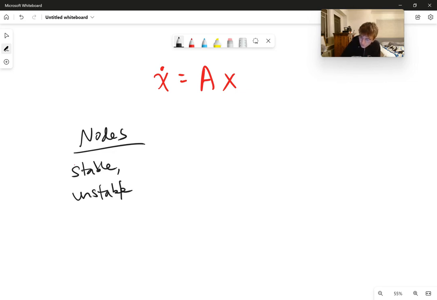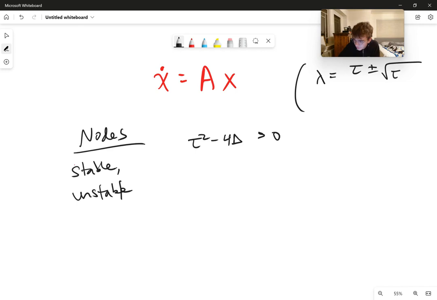Okay, so nodes occur when, first of all, tau squared minus 4 determinant is positive, because remember, I'm going to write it up here so you can just see it. The values of the eigenvalues of our matrix A are given by the trace of the matrix plus or minus the square root of trace squared minus 4 determinant, over 2.